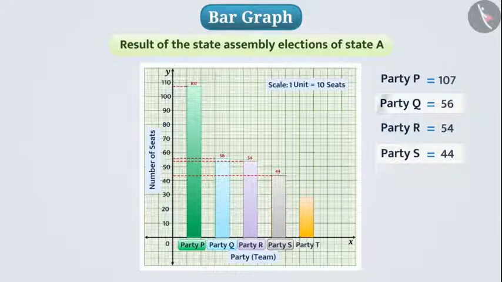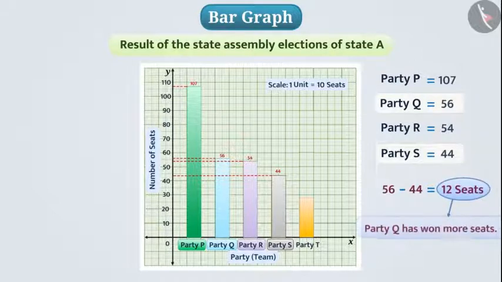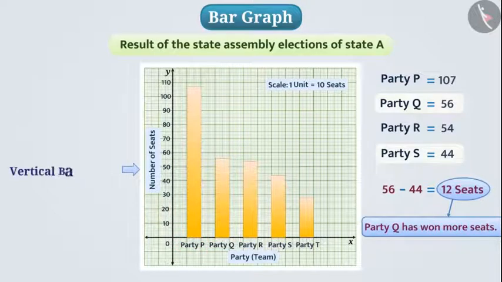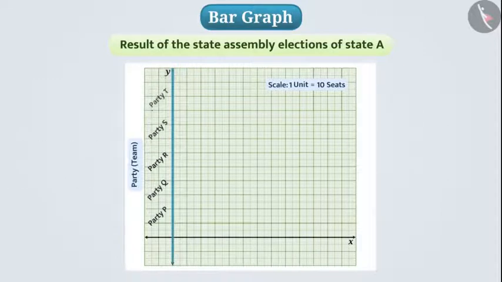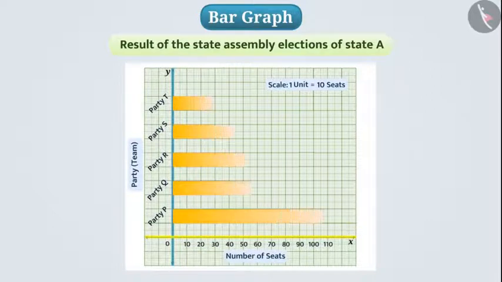Therefore, party Q has won 56 minus 44 equals 12 seats more than party S. Here we have shown a vertical bar graph. We can also represent it horizontally, wherein we show the parties on the y-axis and the number of seats on the x-axis. We call this bar graph a horizontal bar graph.